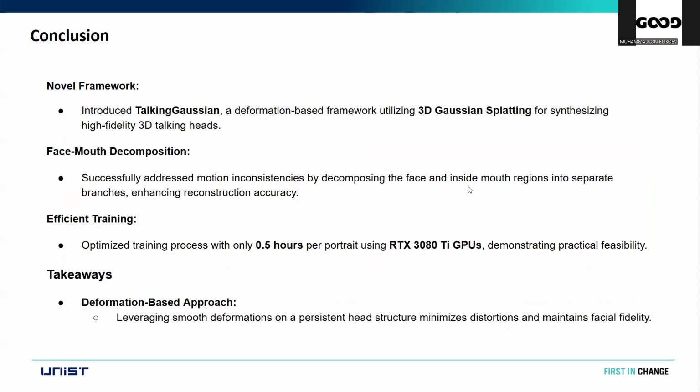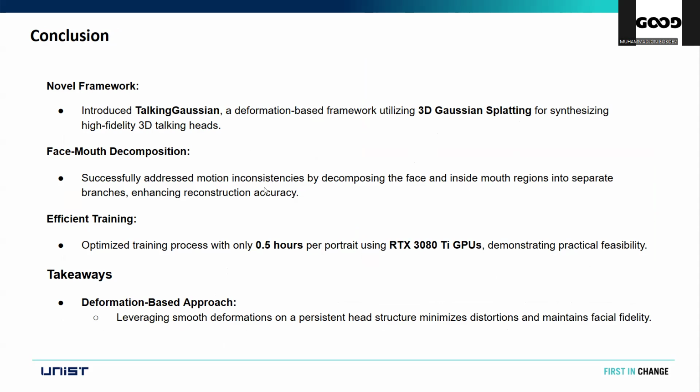Yeah, so the conclusion is that Talking Gaussian uses a deformation-based framework. This is very important because this deformation-based framework allows them to utilize 3D Gaussian splatting for synthesizing high fidelity talking heads.